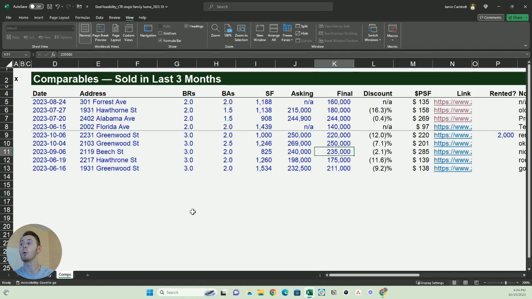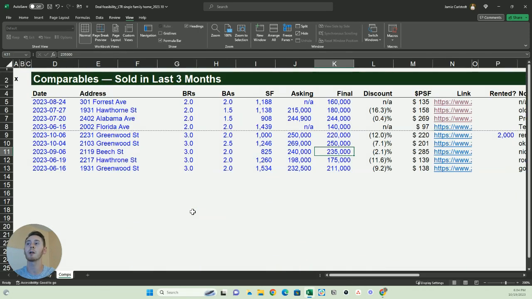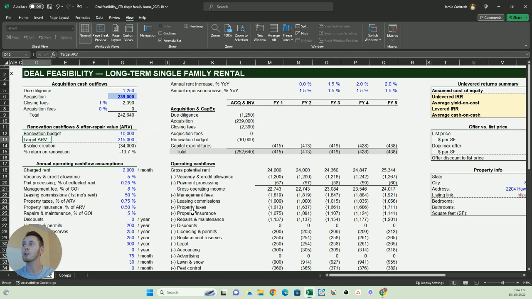So maybe we believe after putting some additional money into this property of this $10,000, and depending on where we buy it, that it could be sold for these comparable prices. But it's going to take a little work to get there. So the ARV is where you believe the value of the property should be after you've put additional renovation money into it.